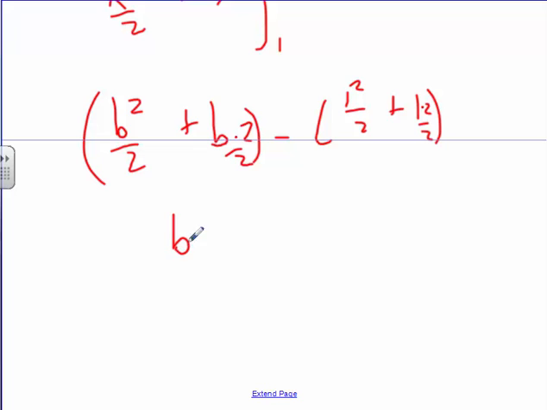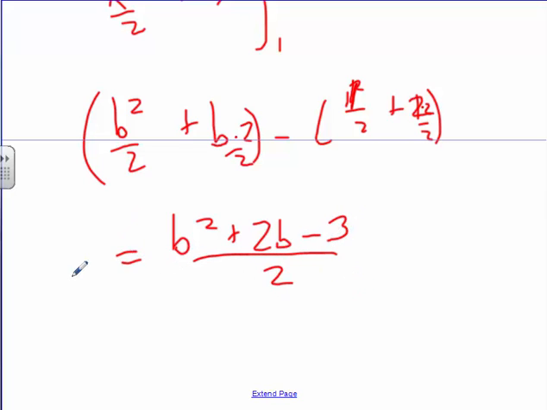And this should give me b squared plus 2b. And then right here, 1 squared plus 1 more. Well, 1 squared, this is really a 2. 1 plus 2 would give you 3. So you're going to minus 3. All of that's over 2. There, this is what your area is equal to.